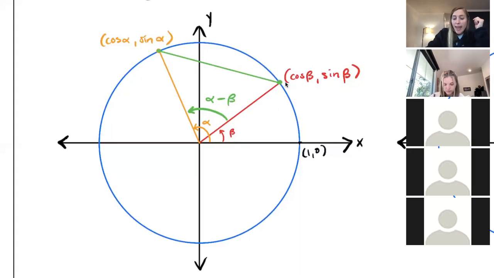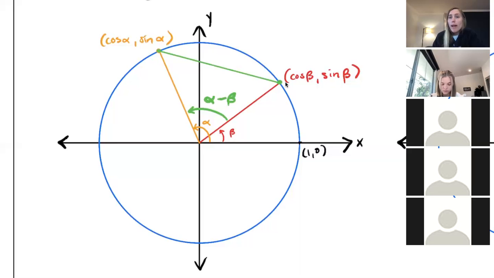And I've just named, I wasn't creative, that angle alpha minus beta. That's the angle name. The angle that you would get from taking the angle in quadrant 2 and subtracting the angle in quadrant 1. Does anyone have any questions about that picture?